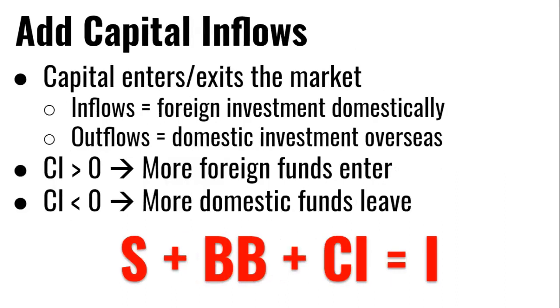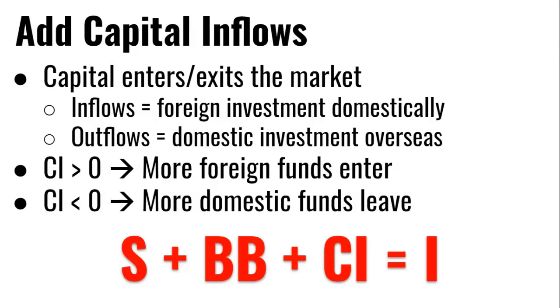We could get further into this. We could expand the economy to include the outside world, to include other countries. And that's where we start talking about what's called capital inflows or capital outflows. If there's a capital inflow, it means that people from outside of our country are beginning to invest inside of our country. They're making money in our financial system available for use inside of our country.